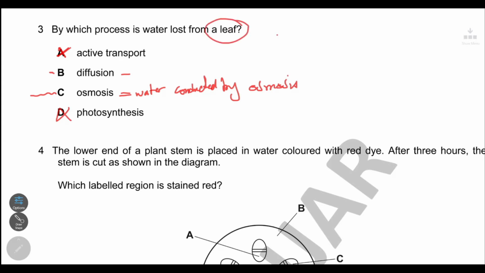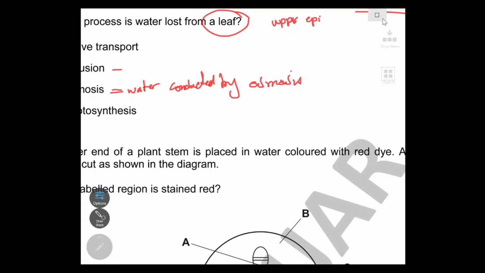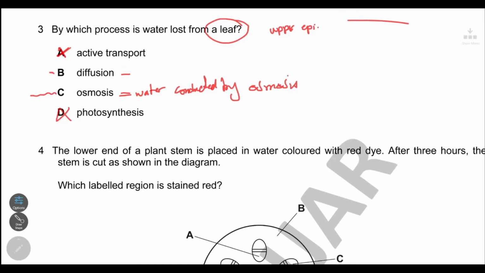So in the leaf, we can draw it here. For example, this is the upper epidermis. This is the lower. Here I will draw the first layer, which is the epidermis. They are parallel shaped or biconcave shaped.